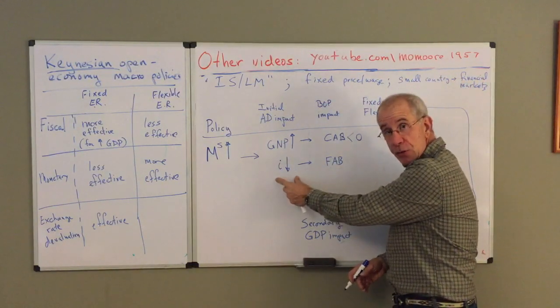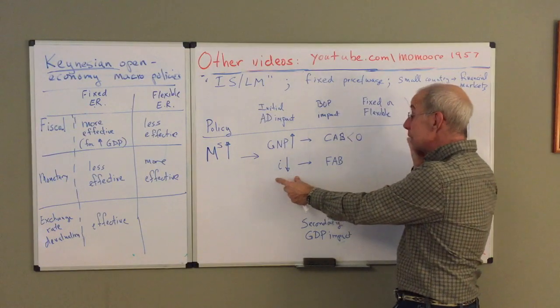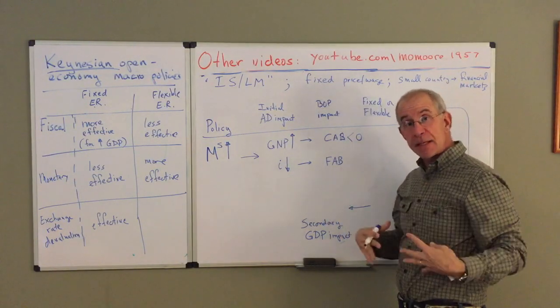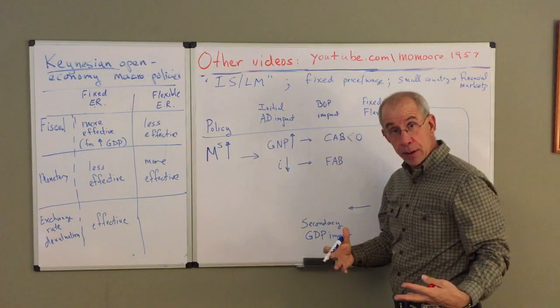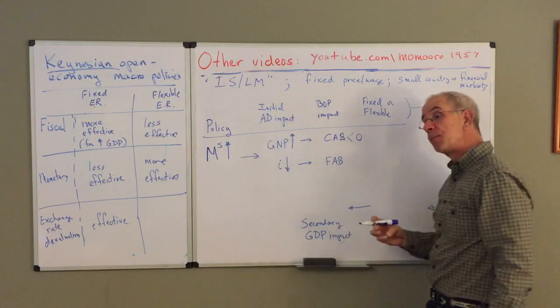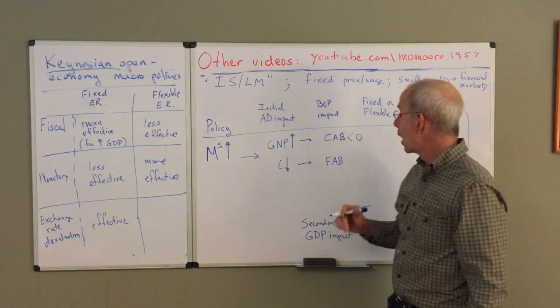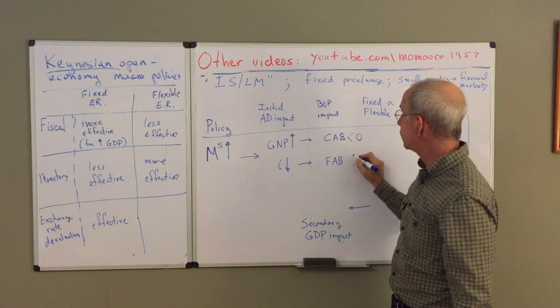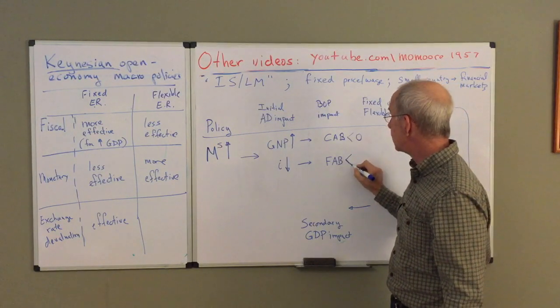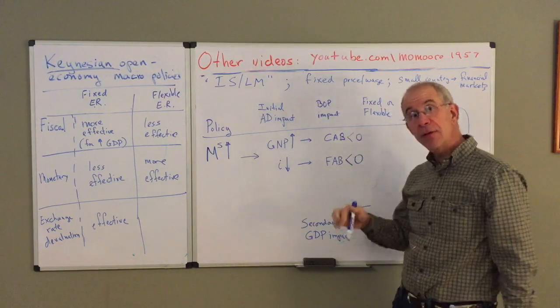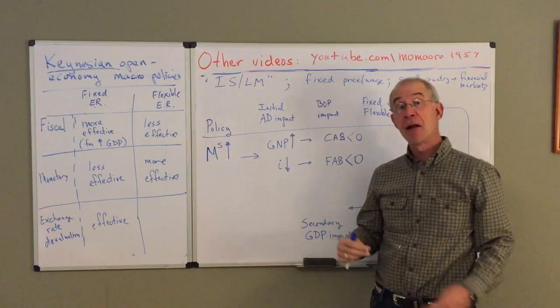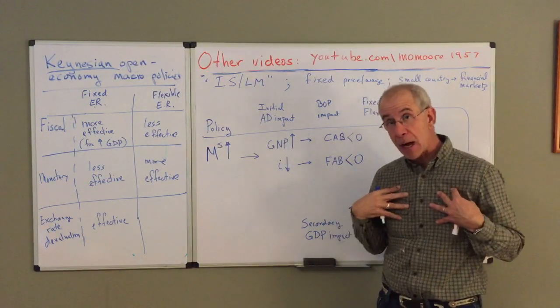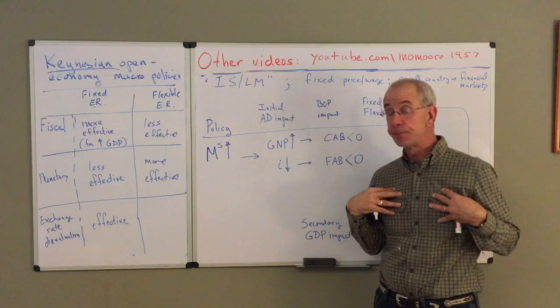So there is an impact on international transactions through the increase in national income, or GNP, associated with the money supply. The drop in the interest rate is going to tend to make the domestic bonds less attractive to foreign purchasers. So you're going to tend to have a deficit in the private financial accounts balance. There will be less demand for our bonds because the interest rates are lower.